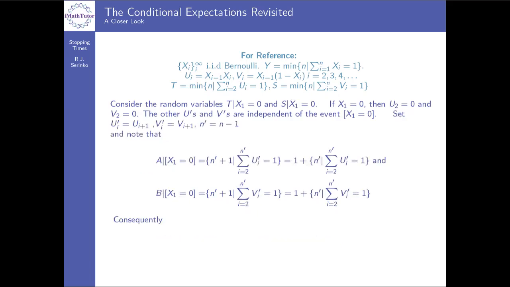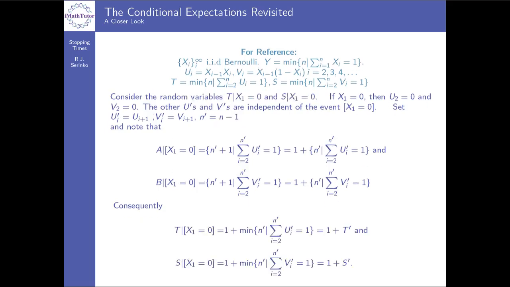Now the conditional stopping times are going to be given by taking the minimum over those random sets. And this will be our defining equation. So this minimum is t prime, that minimum is s prime.